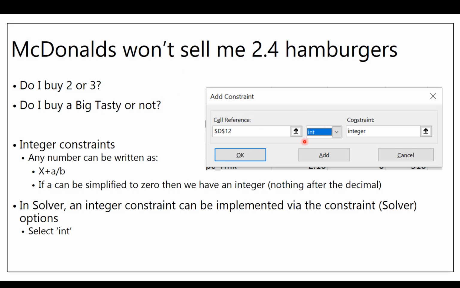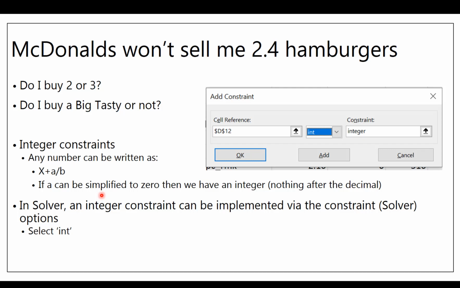So really that's the point of this second lecture: if you put these integer constraints in, how do they work, and what are the effects that you realize? Integer constraints just mean any number can be written as a base x plus some fraction a over b.